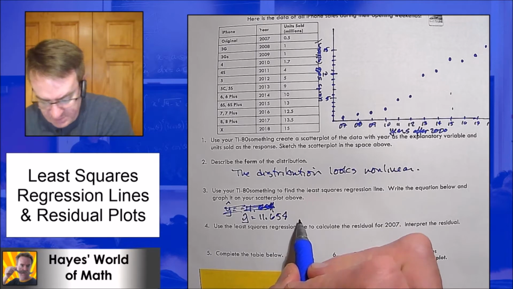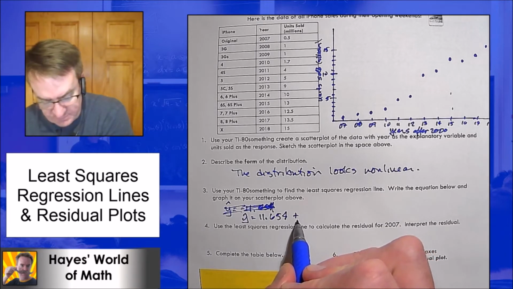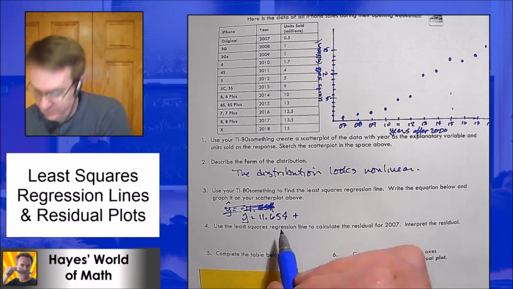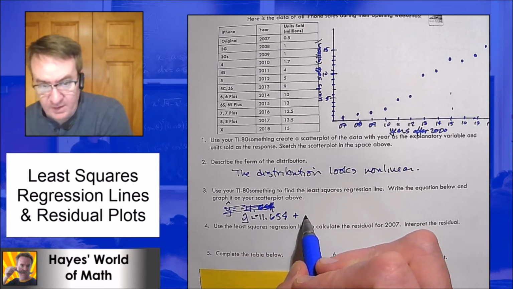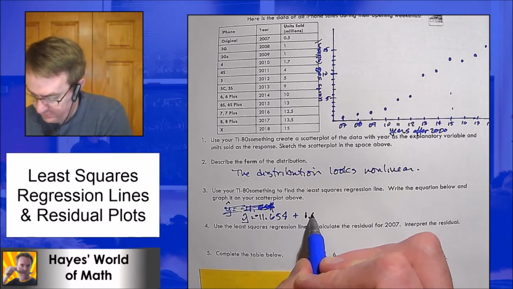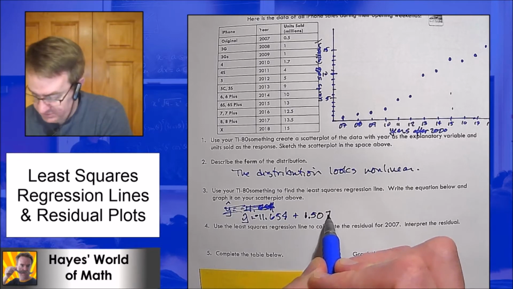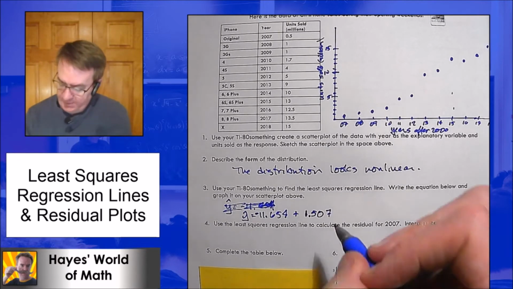6.54 plus, what's their slope? And that's a negative 1.507, and then an x.